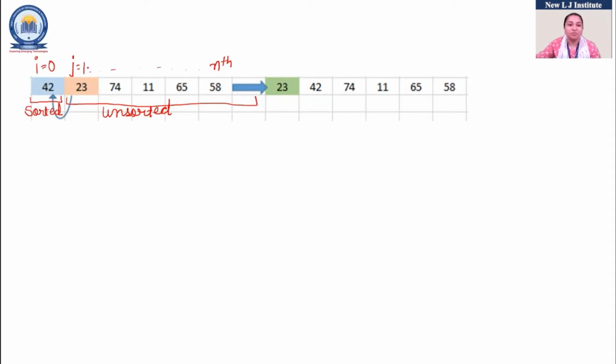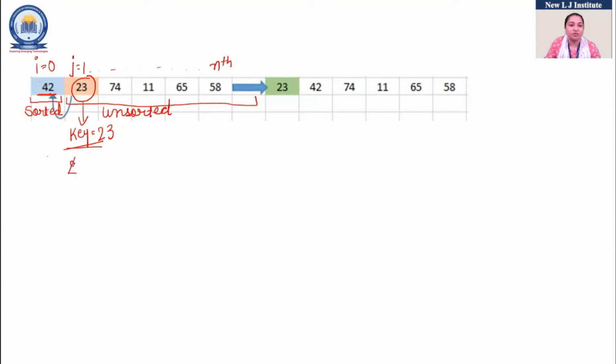So now what is the procedure? We will take this unsorted element and this will be the key to be compared. So currently our key is 23 and this 23 will be compared with the previous element. Because my key is smaller than the element at the first index, we will shift this 42 to the right side.